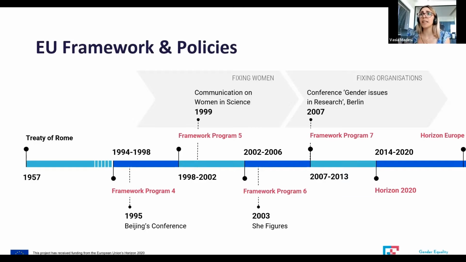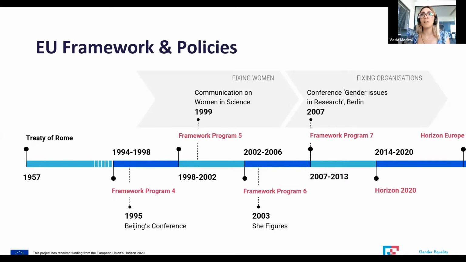So increasingly the focus was placed on the need for spreading awareness and building the capacity of the so-called NCPs, the national contact points, and research organizations on the topic. Projects such as the Gender and Research Training Program and Toolkit went in this direction.